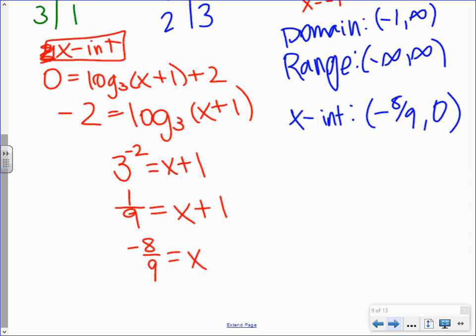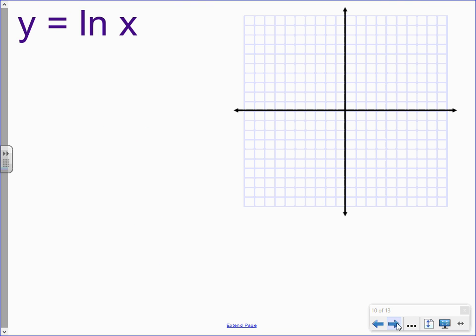Very quickly, I want to talk about the natural log graph. Okay, remember this is just log base e. So we will still have x equals 0 as our asymptote.